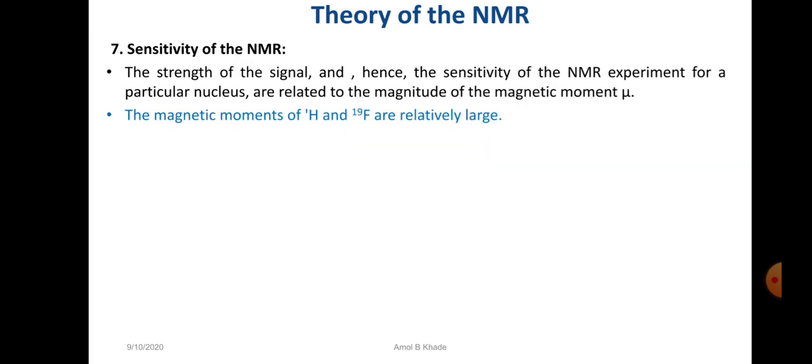Now when we talk about the sensitivity of NMR, the strength of the signal and hence the sensitivity of the NMR experiment for a particular nucleus are related to the magnitude of the magnetic moment, that is mu.